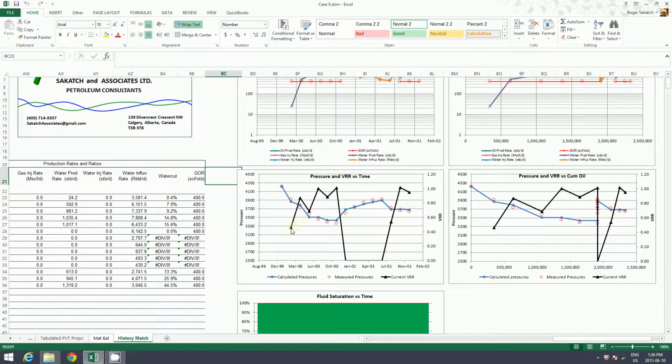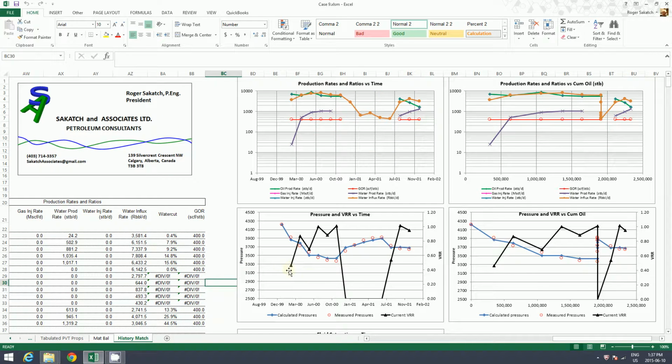Here, also on this plot down here, we're presenting the voidage replacement ratios. In this case, I'm calculating voidage replacement ratio not only as a function of the water injection rates and the gas injection rates, but also as a function of the water influx rates.